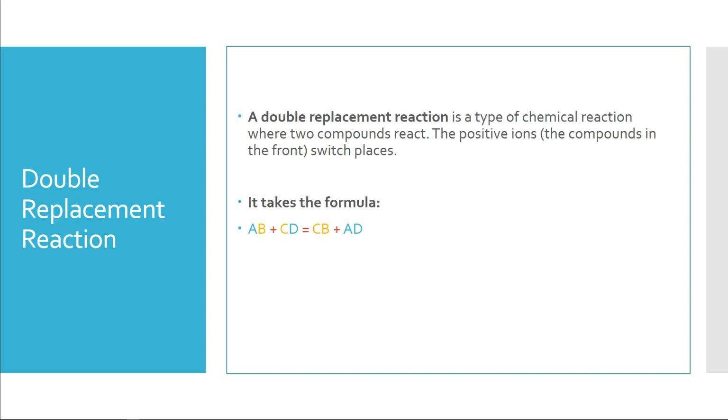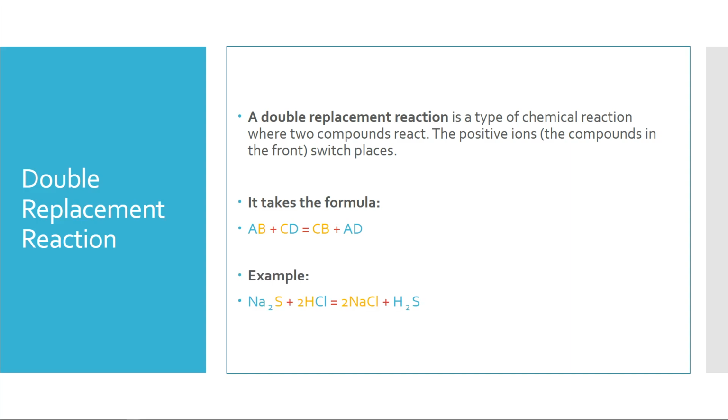So now we see two compounds. So in the first reactant, we have AB. A is going to switch with C. Therefore, it becomes CB and AD. I color-coded it so it would be easier to visualize.